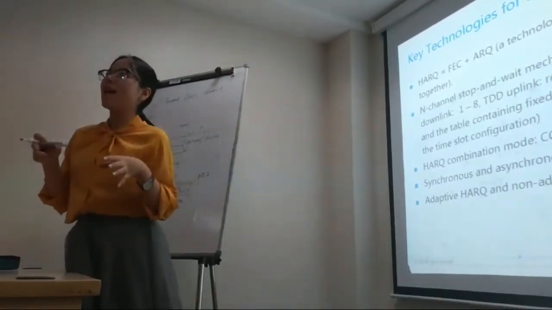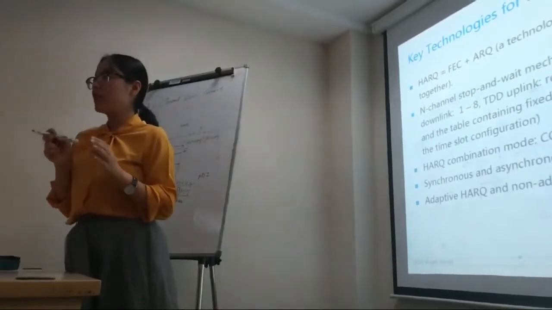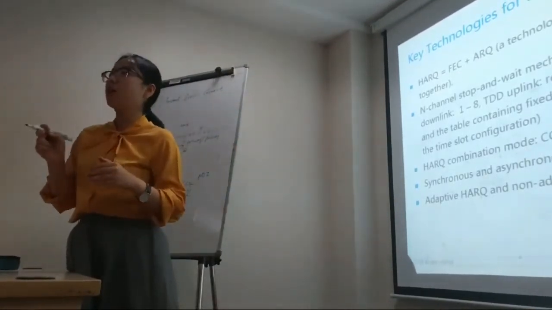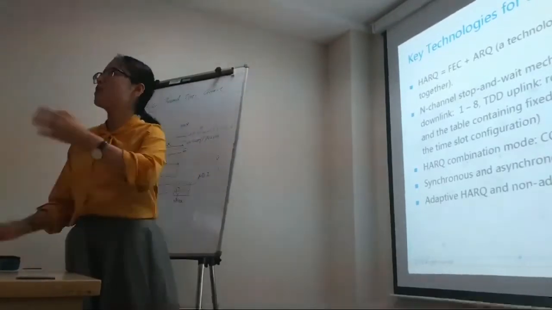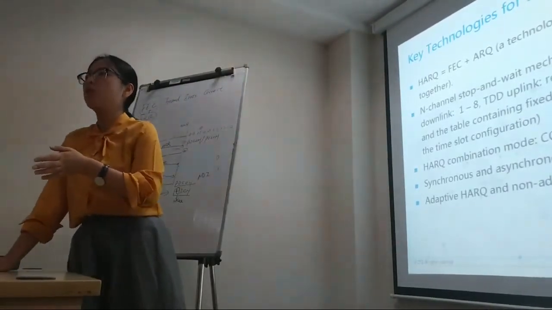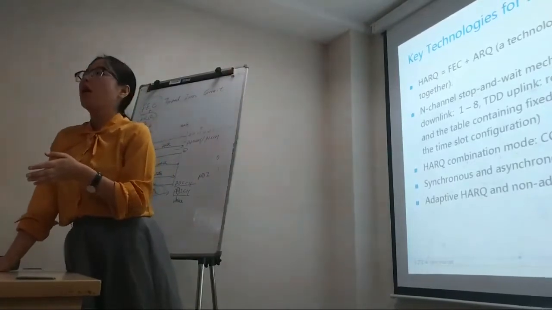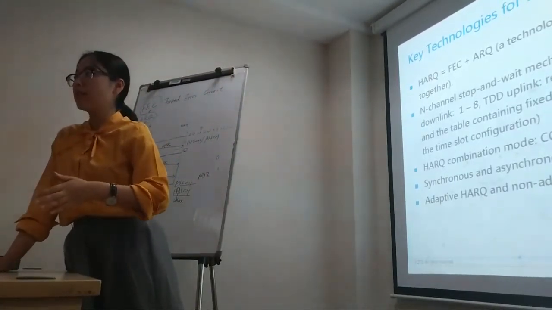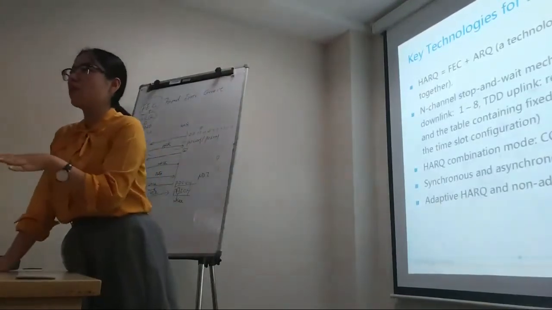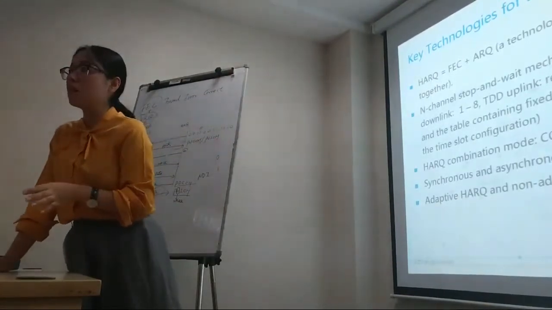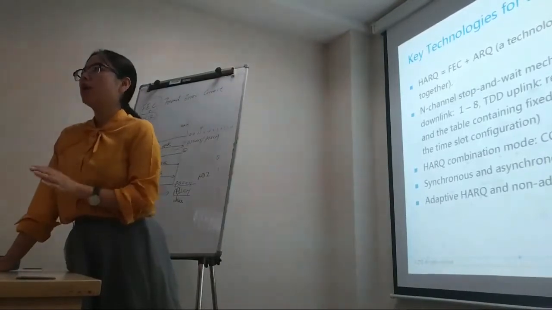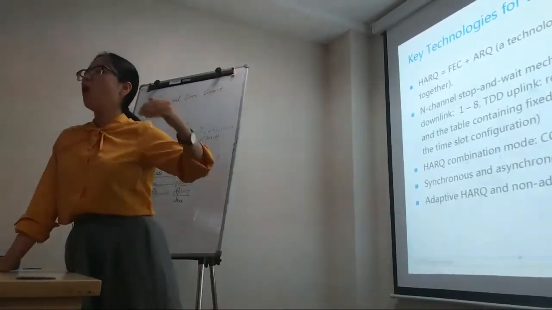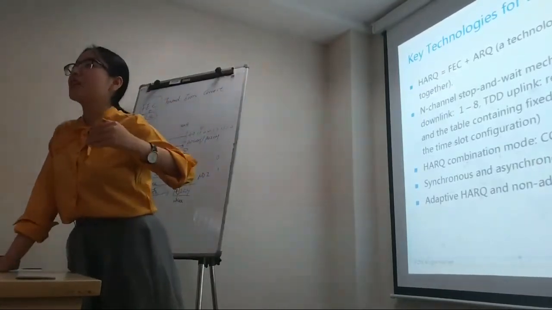Because the UE side doesn't know whether it is adaptive or non-adaptive, it will first detect the PDCCH, and if there is no PDCCH information, that means it's non-adaptive. The UE will always monitor the PDCCH.